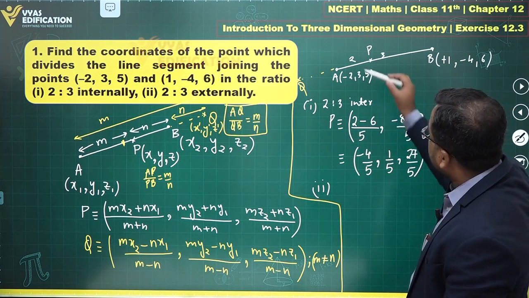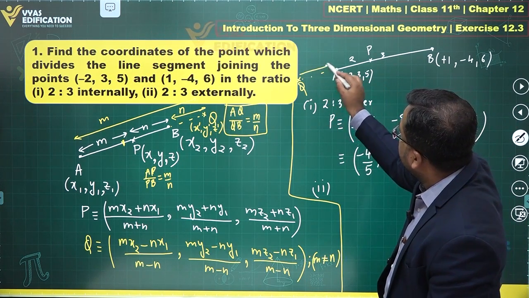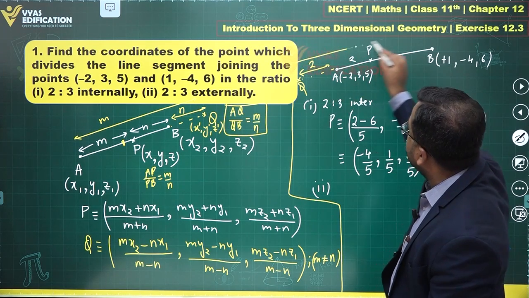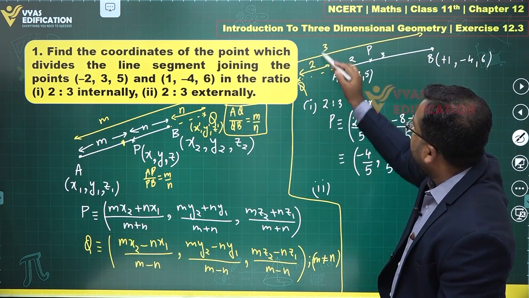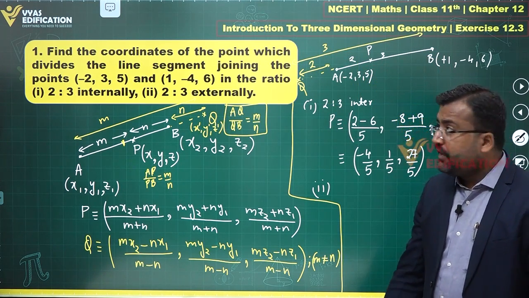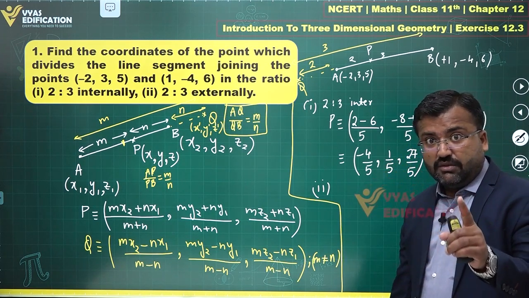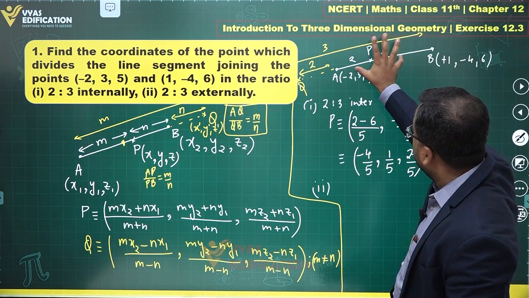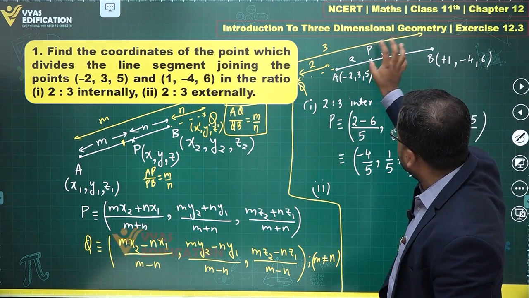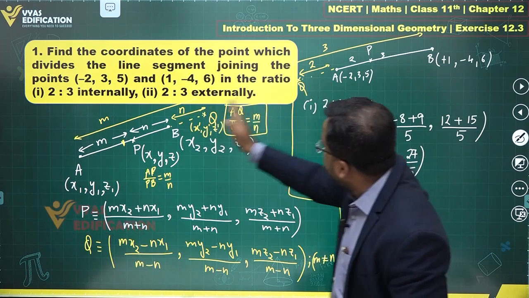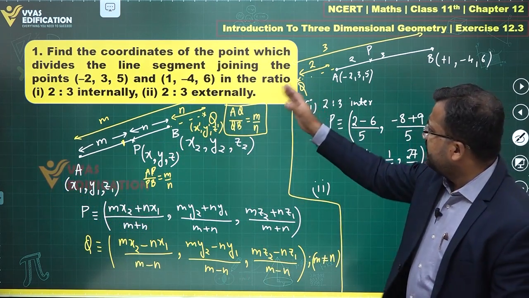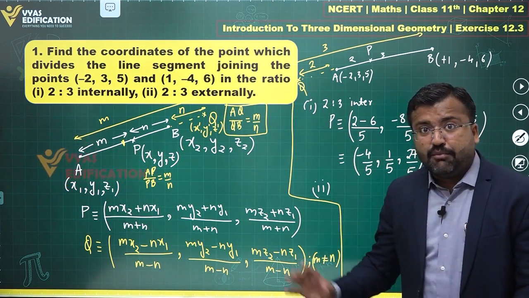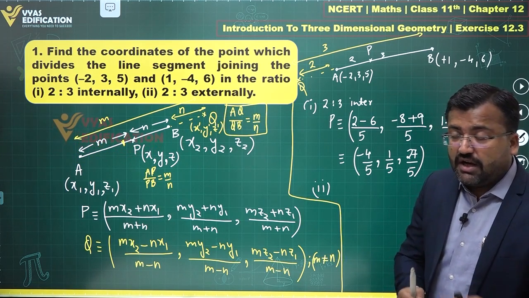So 2 is less than 3, therefore this will be 2 QA, and this will be 3 QB, right? One more thing, please note this carefully, that this is not drawn up to scale. If this is 2, this is 3, that means this is 1. So actually Q will be double the distance over here, but there's less space, so I'm just drawing it like this, a symbolic representation, not actually up to scale.